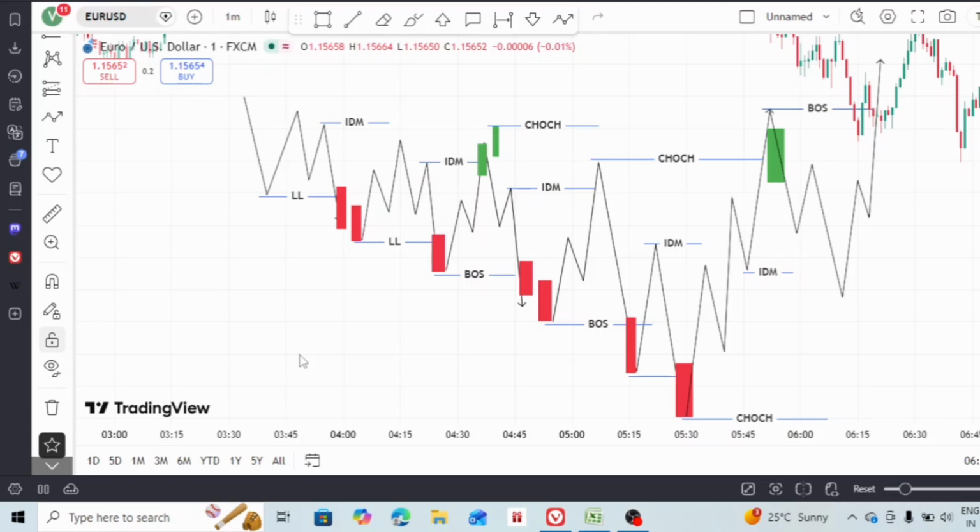And then after the inducement has been mitigated, the break of structure or the swing high or low level will be confirmed. And then after the break of structure has been confirmed, the change of character level can be identified. So in order to have a valid higher high, break of structure, or change of character, the level must have been broken with the body, okay?